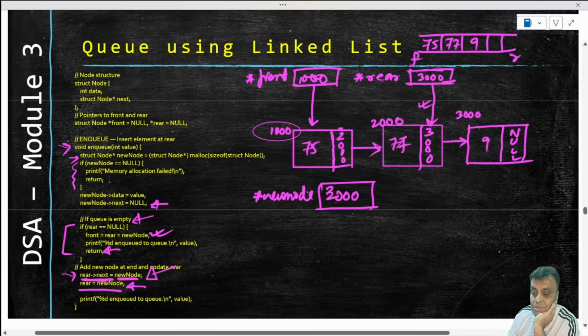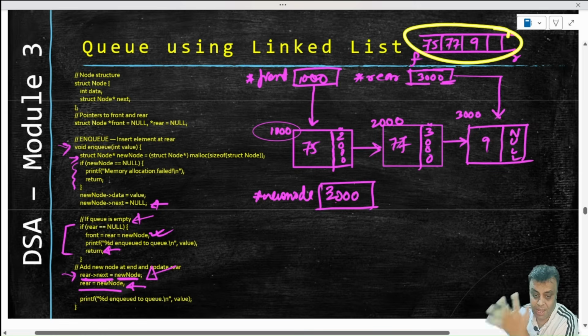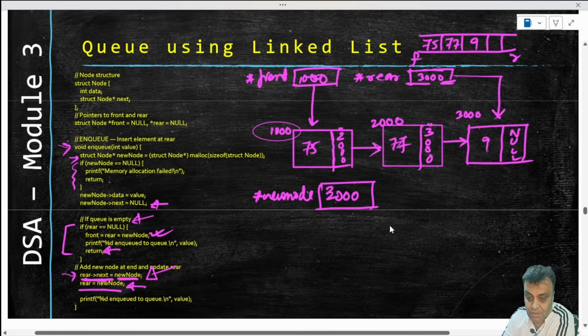So rear equal to new node will make rear point here, and this pointer will cease to exist. So now your front is here, rear is there, 75, 77, 9. You have achieved what you wanted, and hence your enqueue operation is working perfectly fine.